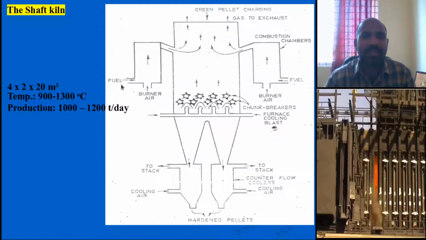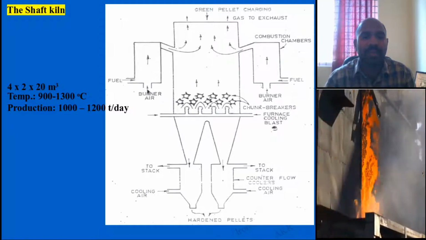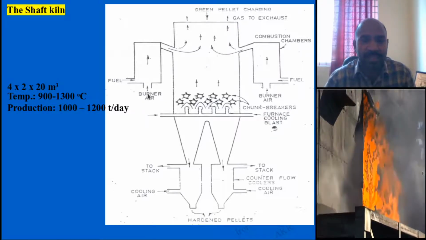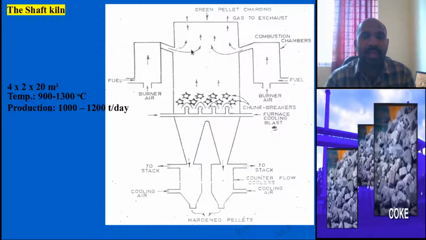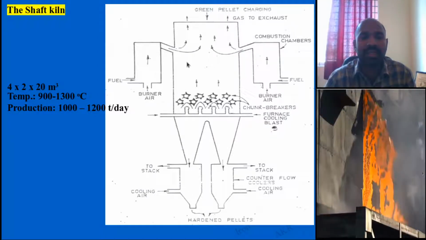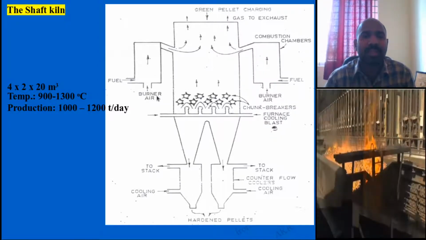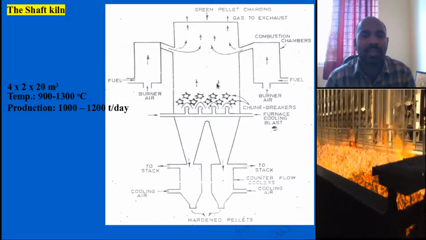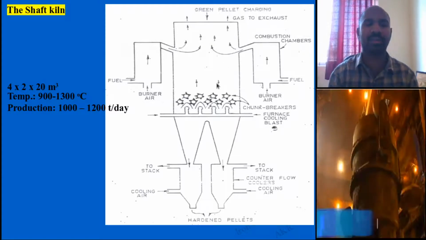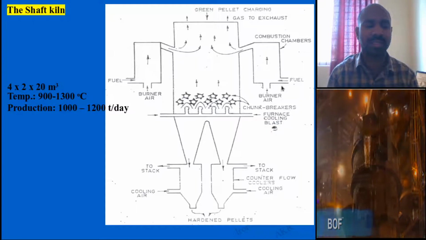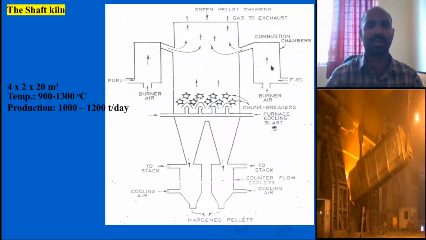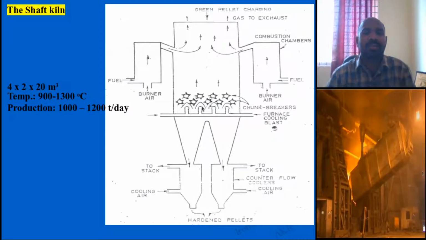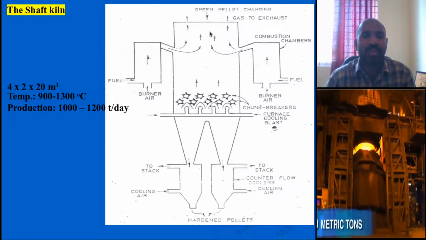We use coke as a fuel, subjected to the air burner so that it combusts and supplies the heat, and it reaches around 900 to 1300 degrees Celsius within this shaft after a time t.